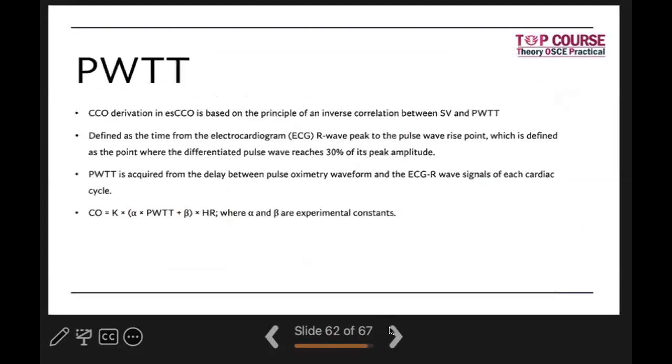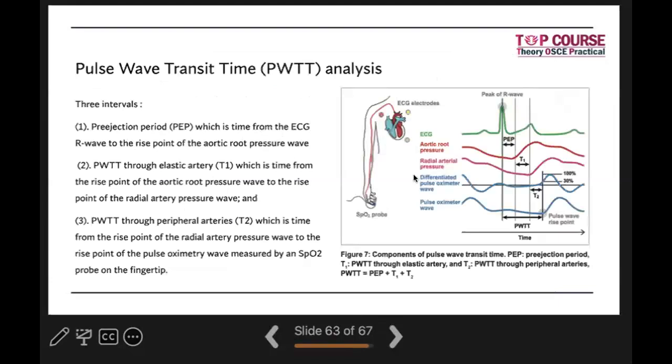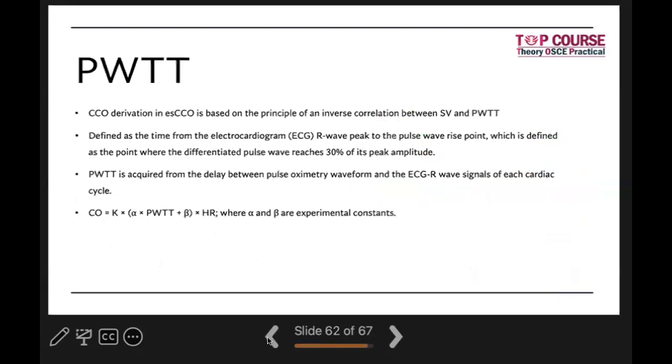Coming on to pulse wave transit time analysis. This is one of the non-invasive devices, also called SCCO, where you can see that a single SpO2 probe can detect the cardiac output in the patient. So how is it deriving the cardiac output?